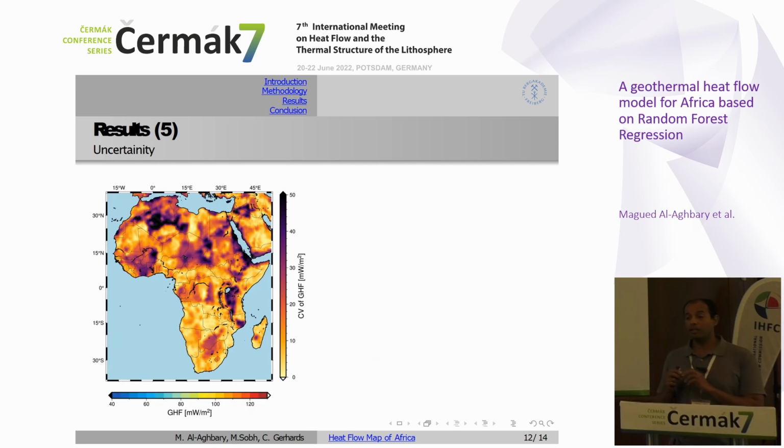We have to use this term cautiously, with inverted commas, because we are referring to the uncertainties of the predictions, not the measurements. Here, this is the map of coefficient of variation, and it shows us, when the value is high, that the predictions deviate from the average.